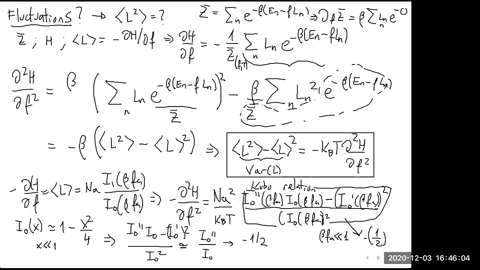Right? All this, I repeat, you get from the fact that the Taylor expansion is like this. When beta Fa is small, you develop this near 0, and you get minus 1/2 of this. There's a minus here, there's a minus here, and I repeat, this is the variance.